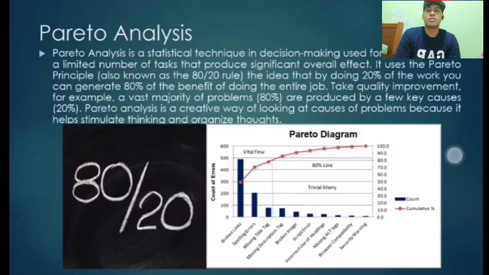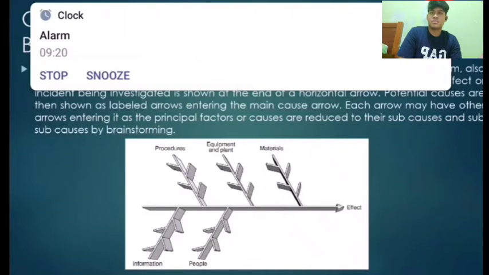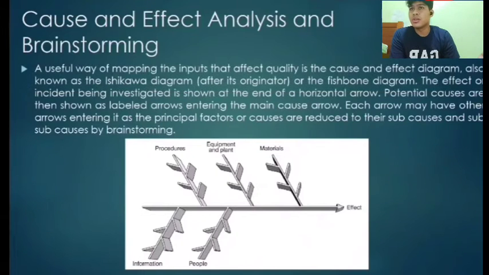So dito naman, next is the cause and effect analysis and brainstorming. So dito, marami nakakaalam nito, cause and effect. So it is a useful way of mapping the inputs that affect quality, the cause and effect diagram, also known as the Ishikawa diagram or the fishbone diagram.